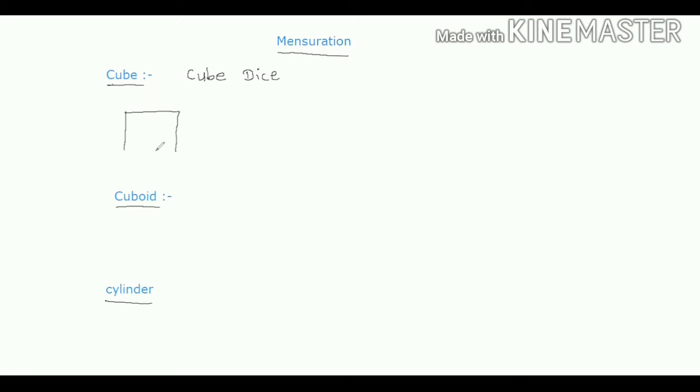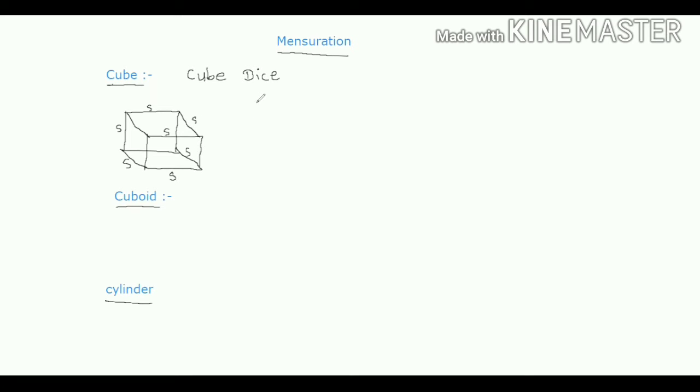This is a cube. Actually, all sides of the cube are equal.